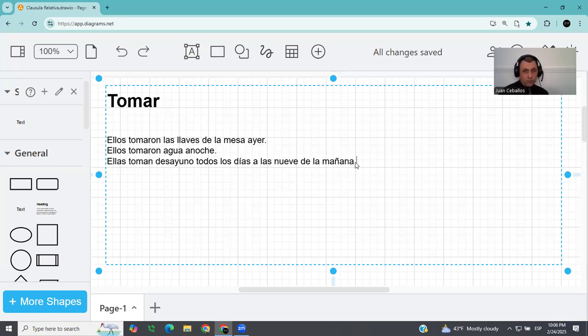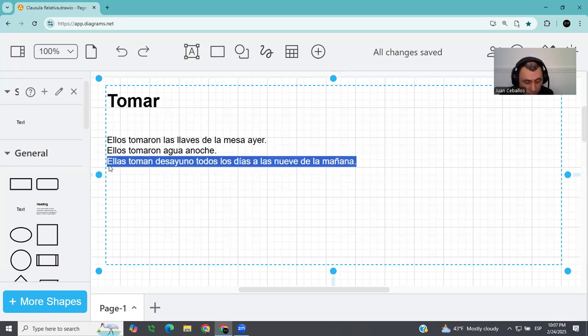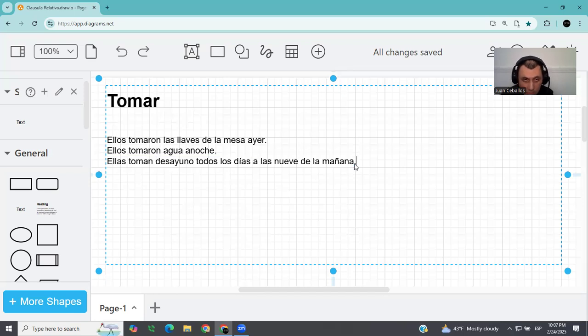What we don't do is this. We don't say this in Spanish, and this is the part where the book is wrong: Ellas toman almuerzo. This is wrong. We don't say that. Or ellas toman la cena.